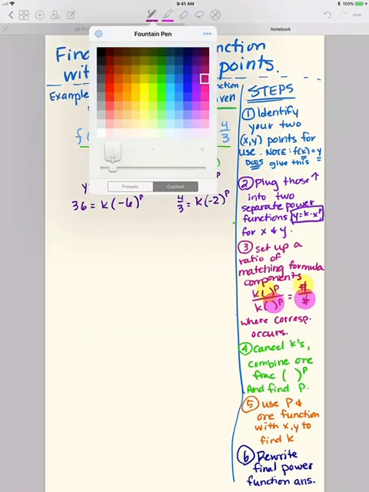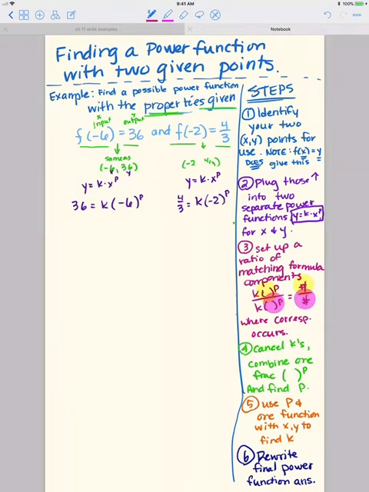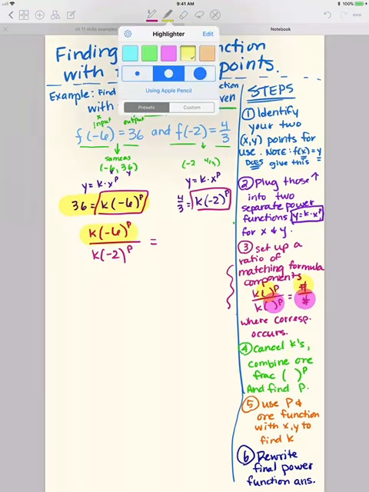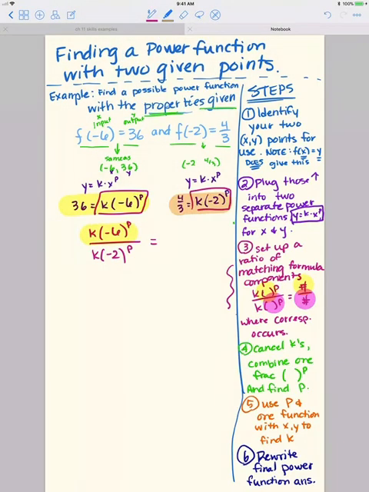So then we will move on to setting up the ratio of matching components. So that's where we take the right sides of the equation and make a ratio. So k times -6 to the p over k times -2 to the p equals, and again, remember, it's extremely important that however you pull those numbers from those parts to make the ratios, that you're pulling the same order.